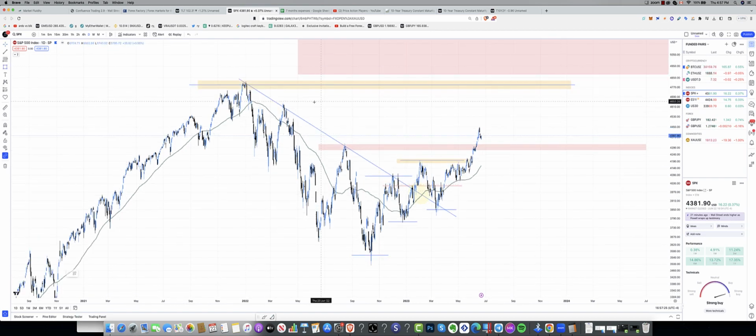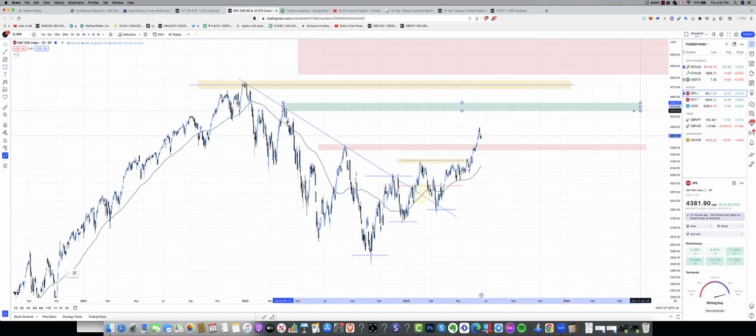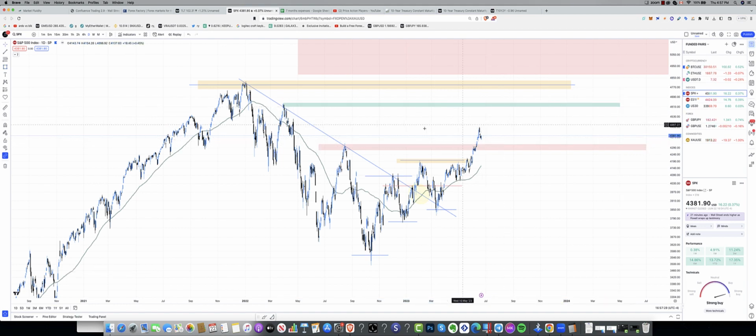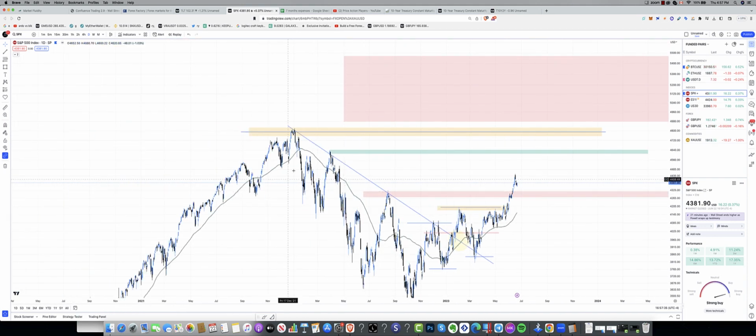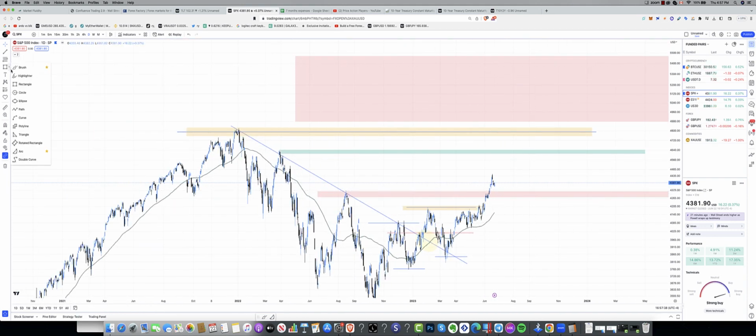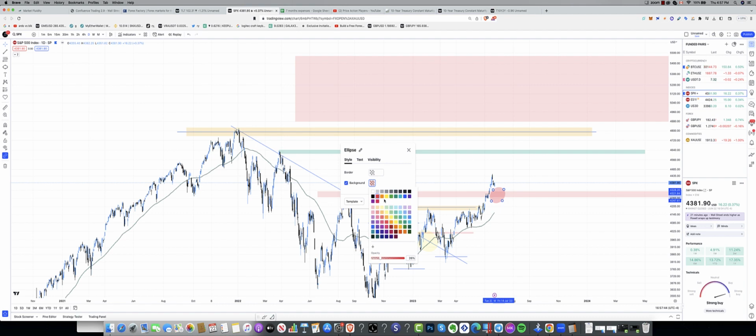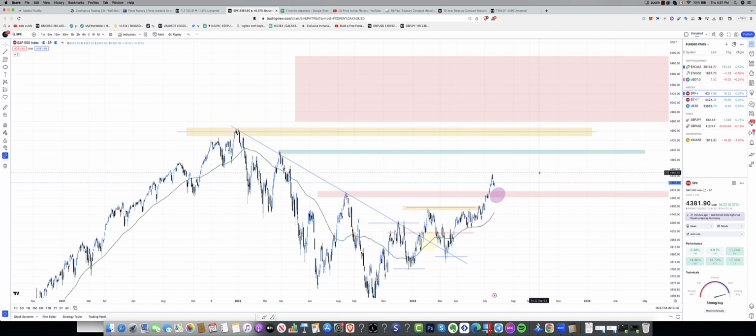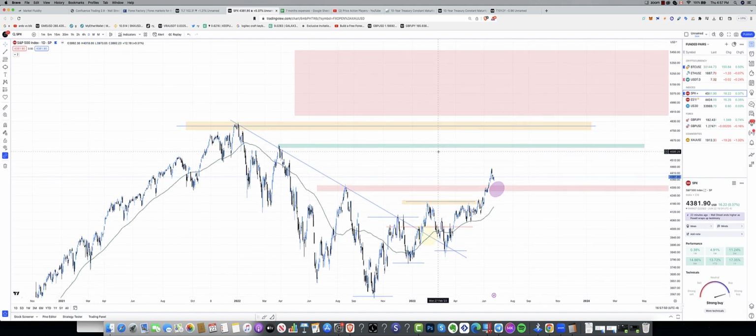We have another resistance zone up here that we should definitely be looking at for next. So it's definitely a great opportunity. We're looking for buys right here on the S&P to take it further higher, right? So yeah, man, just wanted to point that out for you guys.